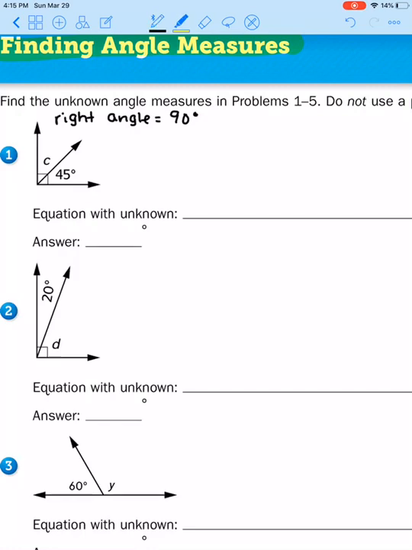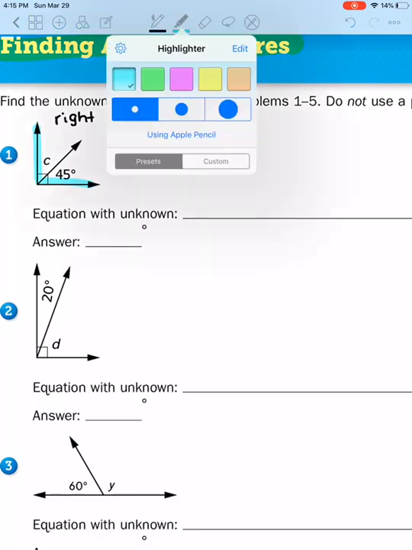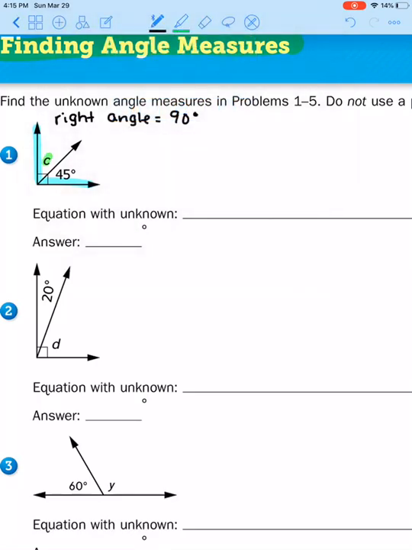So if I know that this whole thing is 90 degrees, we have to solve for C. So the way you would write this equation with an unknown is 90 degrees minus this 45 degrees, because remember, this plus C has to equal that 90 degrees, equals C. And if you subtracted 90 minus 45, you would get 45 degrees as your answer for number 1.